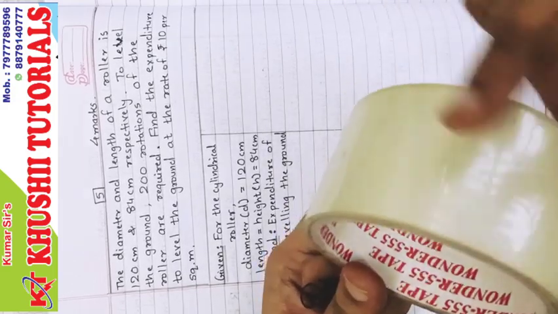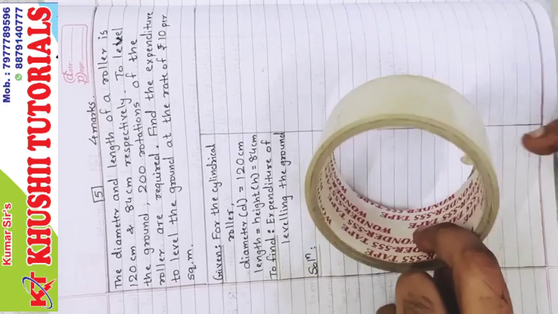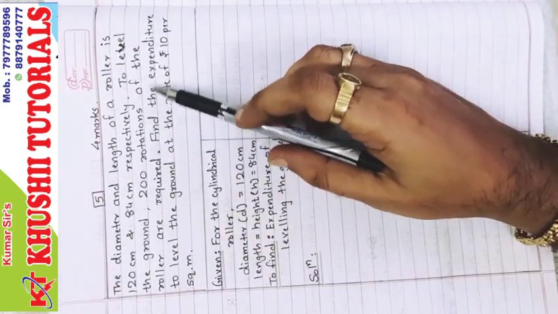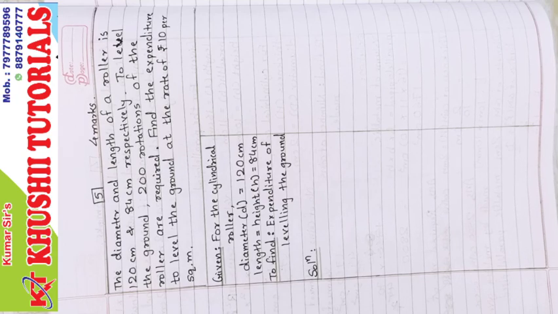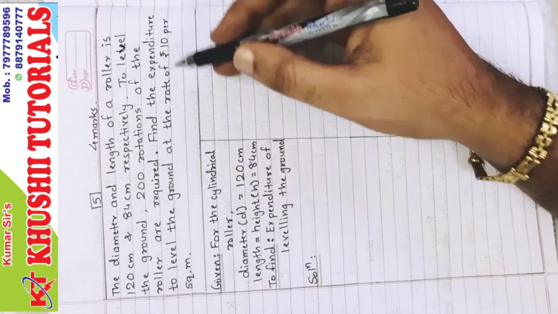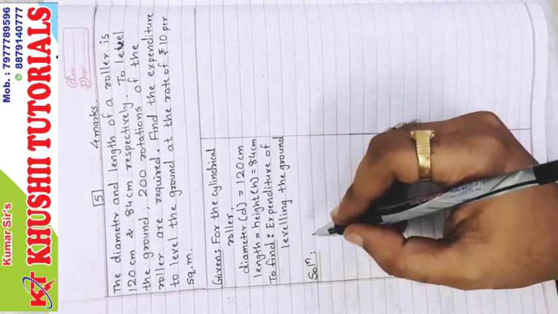Now what is this much distance? It means curved surface area of the roller. So find the expenditure of leveling the ground at the rate of 10 per square meter. So let's start with the solution.